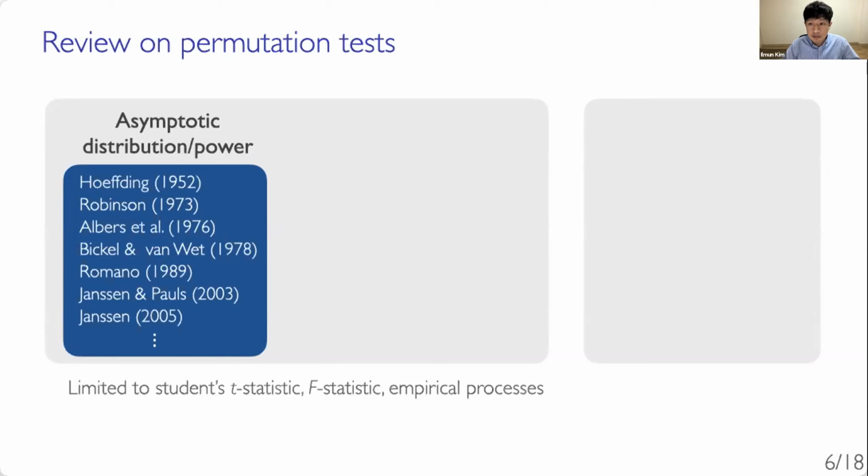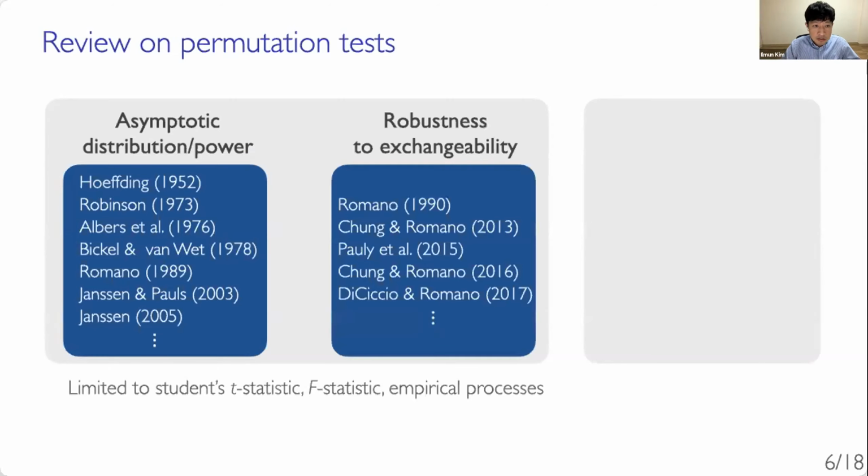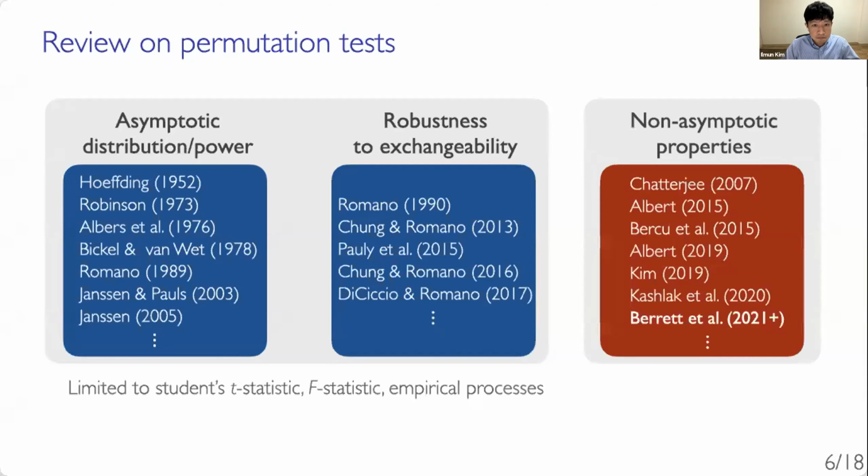But they are mostly concerned with a fixed dimensional asymptotic setting and focus on a specific type of test statistics, such as the T statistic, F statistic, and empirical processes under certain assumptions. A similar strategy has been used to prove the robustness of permutation tests to non-exchangeability, but again, mostly focusing on a specific type of test statistic in a fixed dimensional setting.